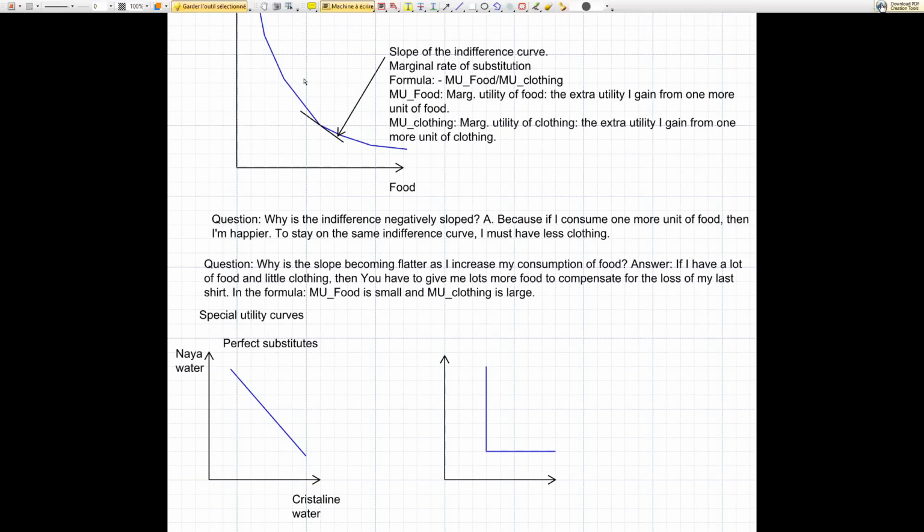If I make it flatter, or more like straight, I get this, and this looks more like the other extreme. If I make it even more steeply curved like this, the extreme of that would be this. So if this is perfect substitutes, what is this? Perfect complements. Yes, perfect complements. But now give me an example.